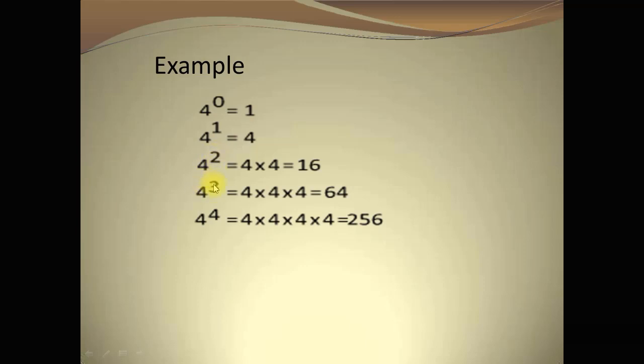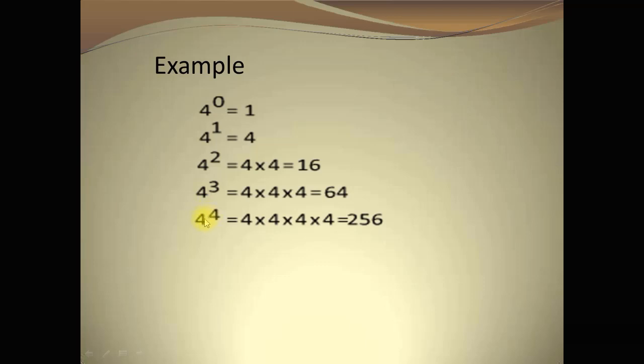Similarly, in this exponential form 4 power 3 means 4 multiplied 4 multiplied 4 which is equal to 64. So 64 is the value of this exponential form, and in this exponential form 4 is called base and 3 is called power.